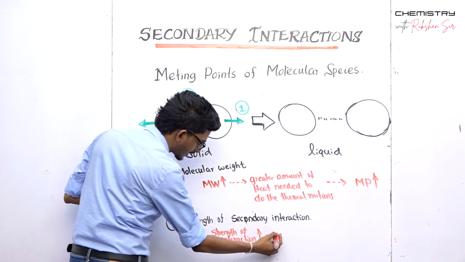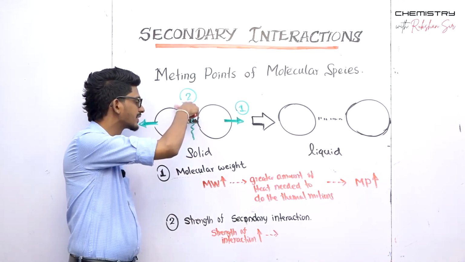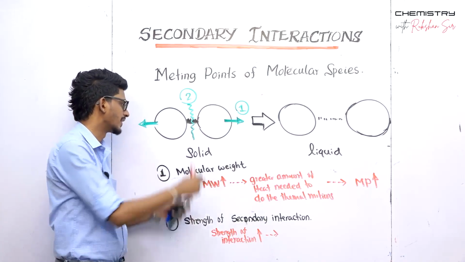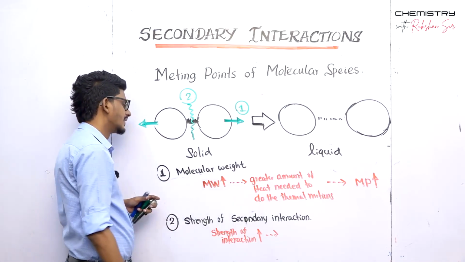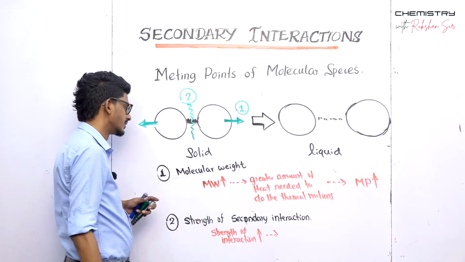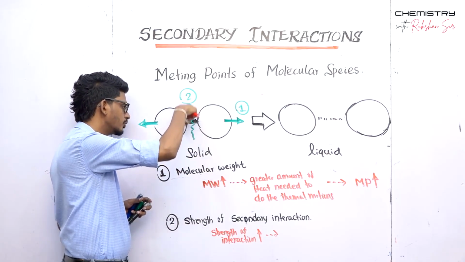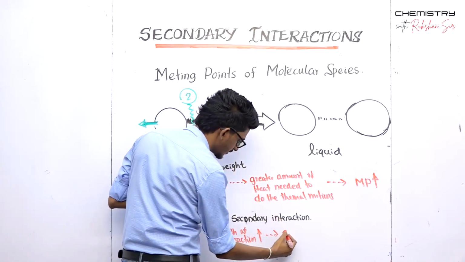when the strength of interaction is high, a great amount of heat should be supplied to break the bond. Without breaking the bond, you can't put the particles apart from each other, right? So without breaking the bond, you can't melt the substance. So when the strength of interaction is high, you need to supply greater heat to break this bond.